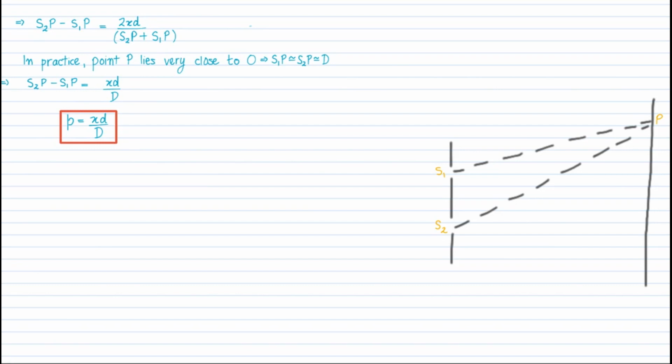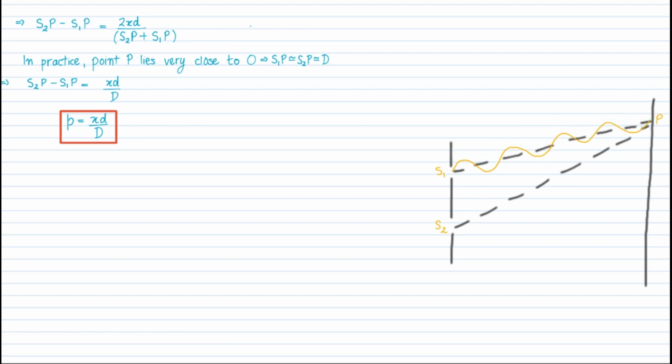Now next let us find the position of the bright fringes. Consider the light traveling from S1 to P, S2 to P. Consider one wavelength, two wavelength, three wavelength, four wavelength.